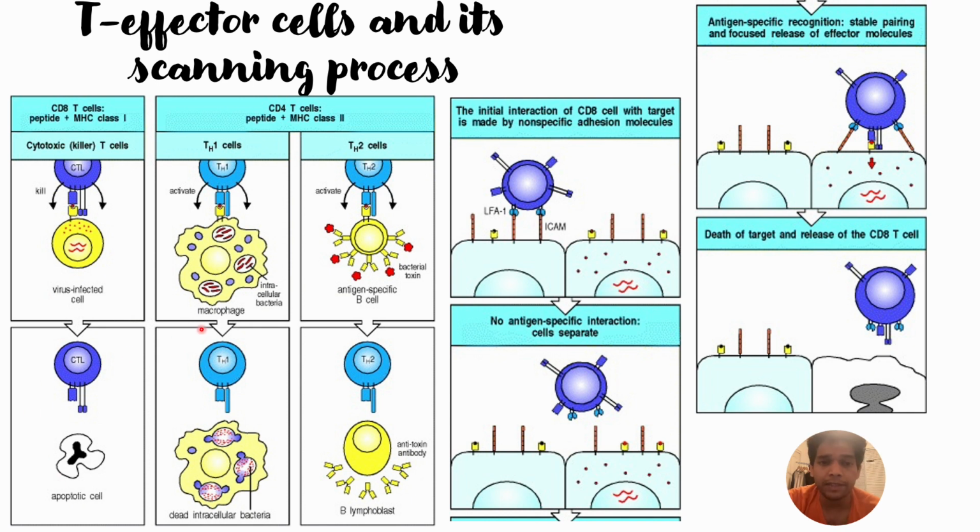The other way T cells function is categorized as Th1 cells. In this case, whenever it detects a non-self antigen on the cells that it is scanning, it will trigger macrophages within the cells, so that intracellular irregularities such as intracellular bacteria will be killed off by the macrophages that are activated through these Th1 cells, as can be seen here.